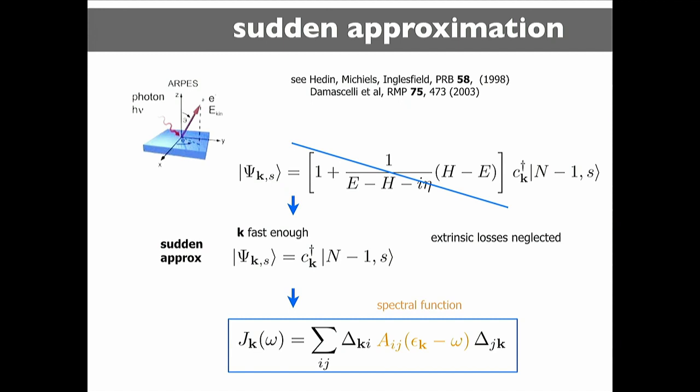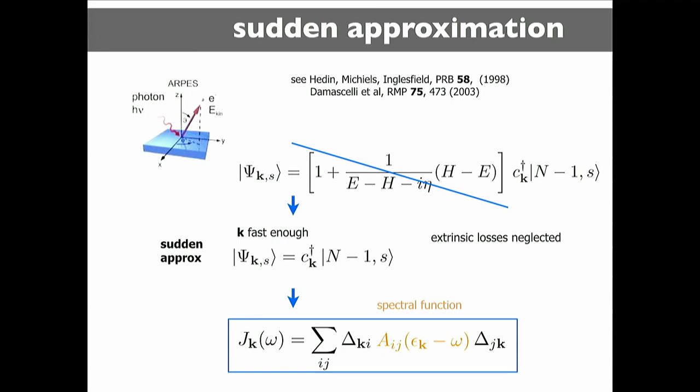And then we can make approximations on this, in particular the sudden approximation, which says that if the ejected electron is fast enough, goes fast enough into vacuum, we can simplify the procedure.